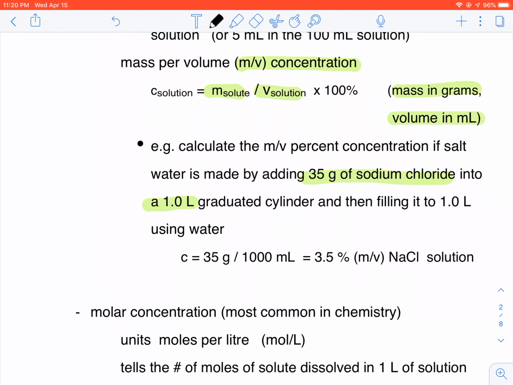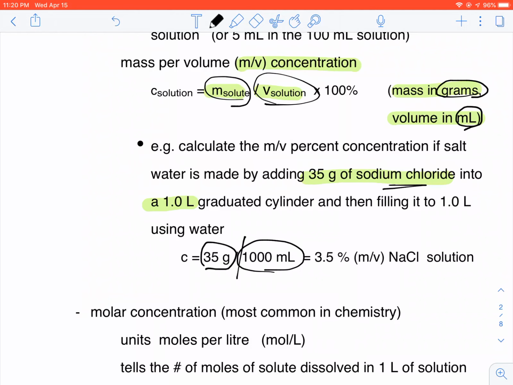Concentration is mass of solute divided by volume of solution. The volume must be in milliliters and the mass must be in grams. So I'm going to take my mass in grams, 35 grams of sodium chloride, and divide it by my 1,000 milliliters, or liter, of final solution.